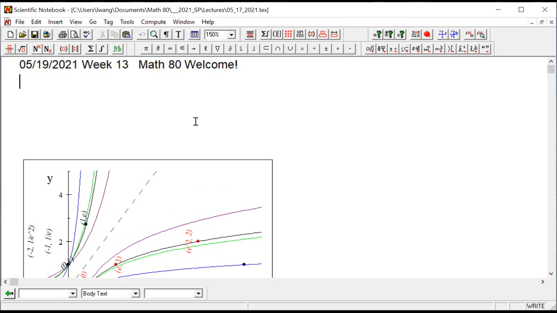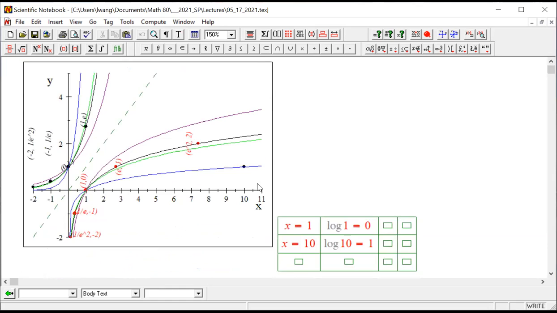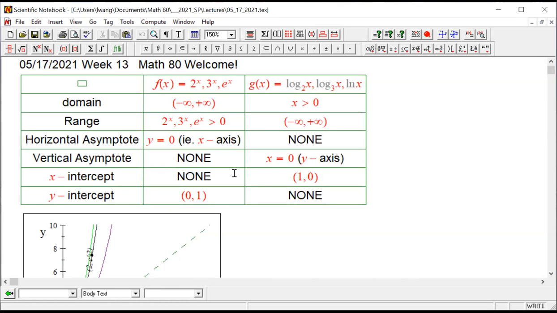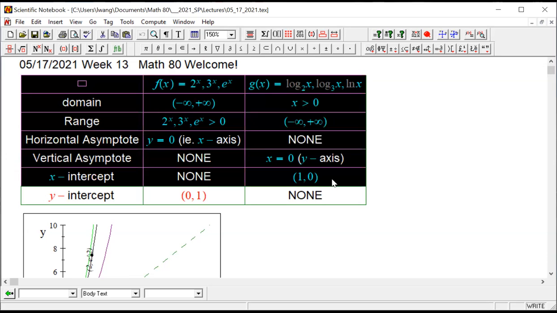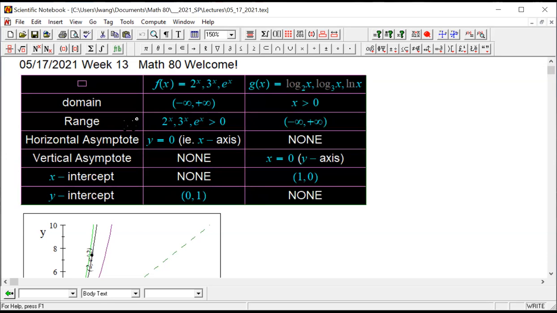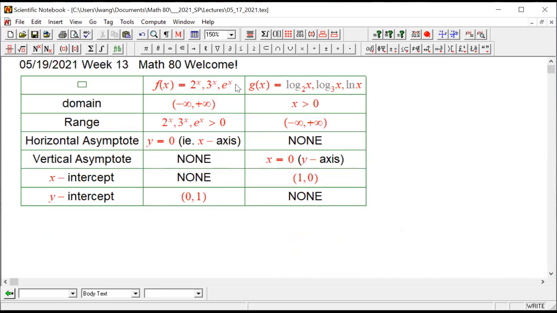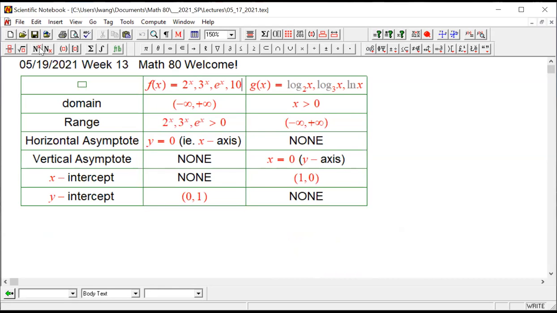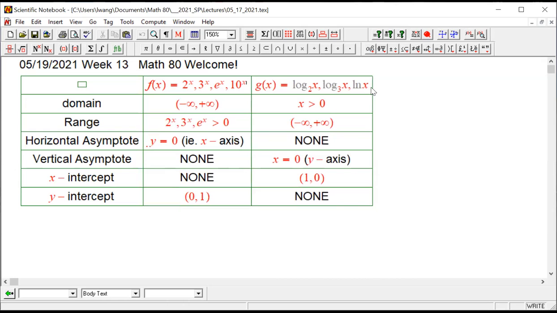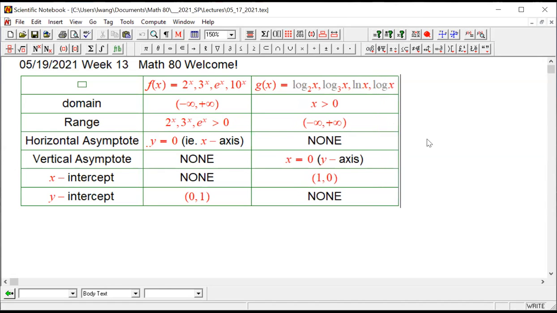Okay. I'm going to expand this table. This table will be expanded to what? 10 to the power x can also join this table. And the next one, log x, can also join the table.